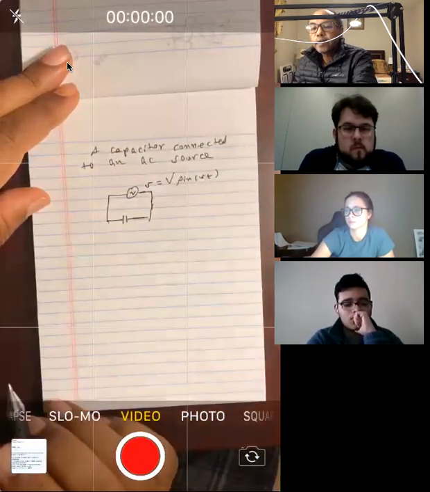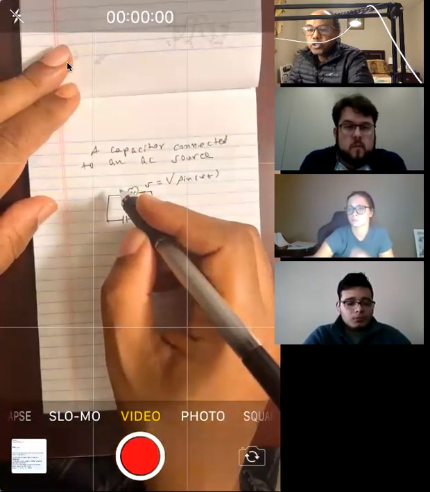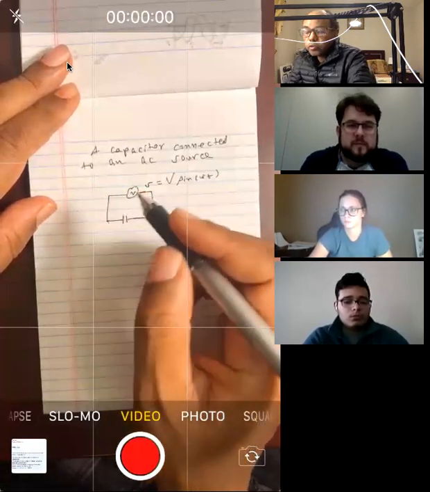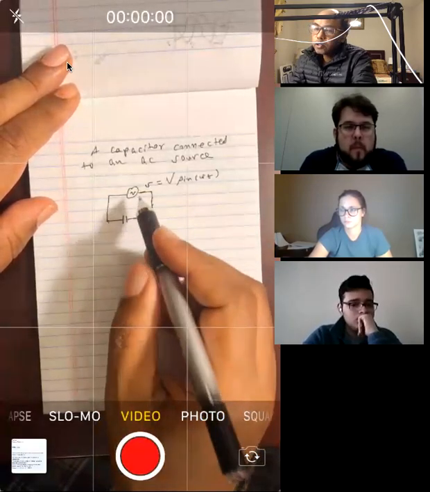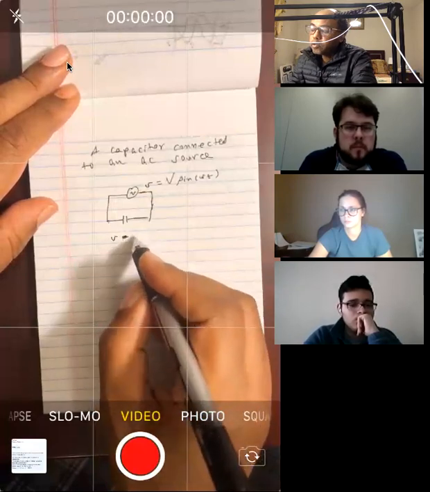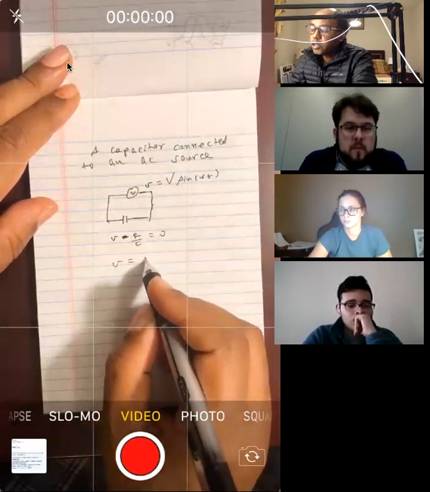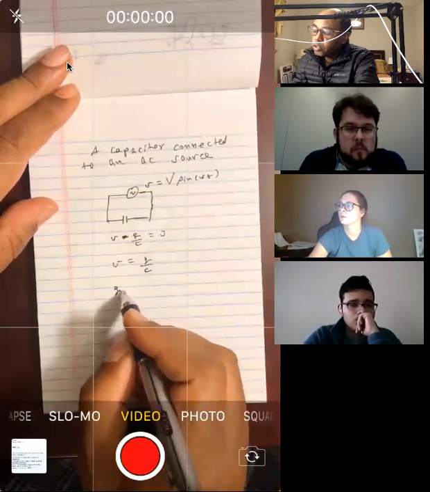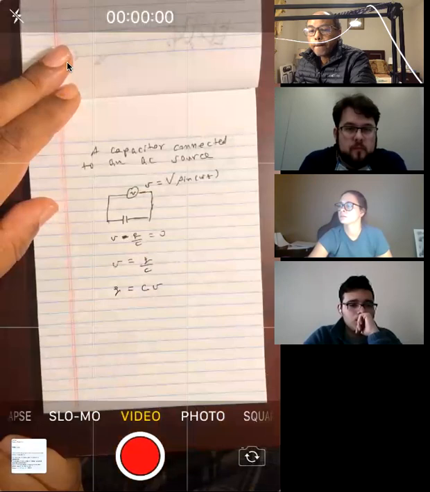You know the defining equation for a capacitor: voltage equals charge divided by capacitance, or charge equals C times V. If you apply Kirchhoff's rule, you have V minus Q over C equals 0, so V equals Q over C, or the charge equals capacitance times the instantaneous voltage.